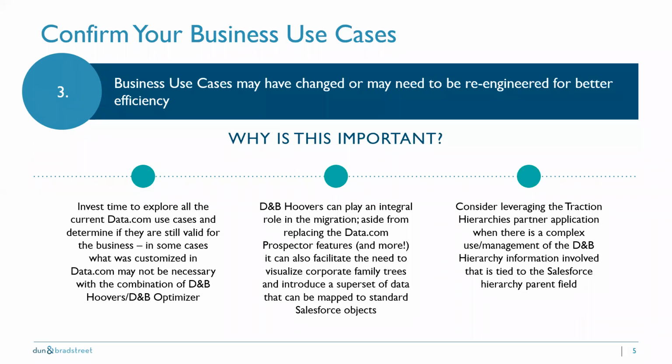Today, some of those use cases may or may not apply, especially when you consider how Optimizer runs today, that it's tied to this Lightning Data platform, and that it really is architected differently than the way data.com was architected. We could talk about those differences in a whole other session. But it's important because sometimes the use cases or customizations employed back then may not necessarily be required today.